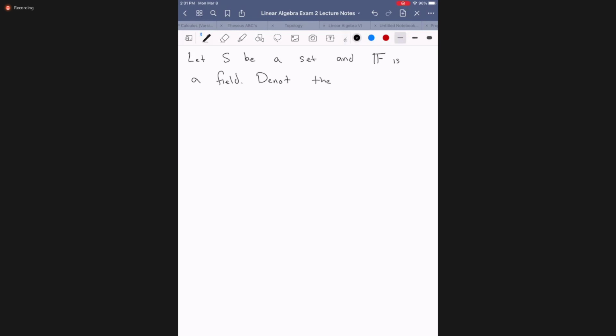Denotes the set F to the S. So this is just notation. It doesn't mean I'm raising this set to some set power.